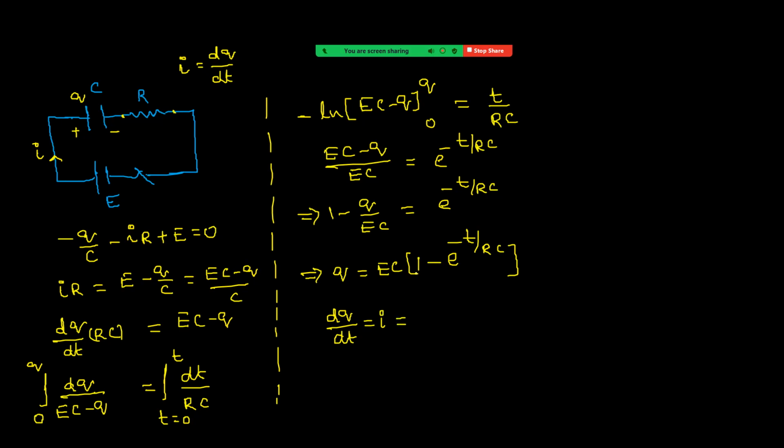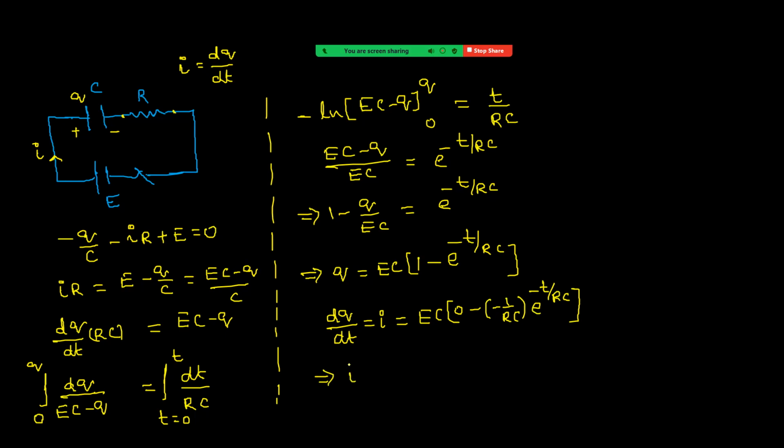That is equal to EC into, first one constant so 0, minus second one, e power minus t by RC, that is minus 1 by RC into e power minus t by RC, right?